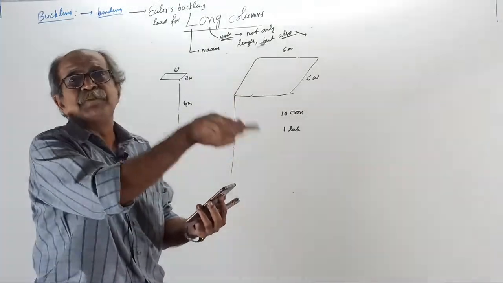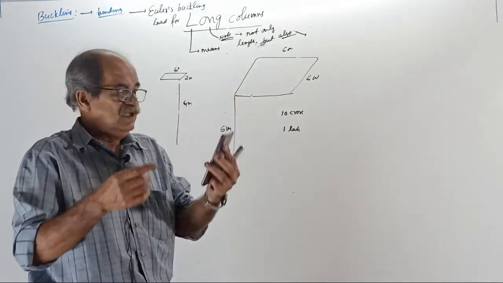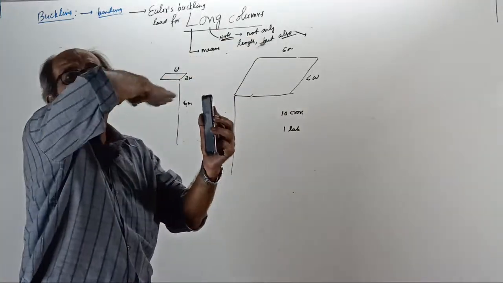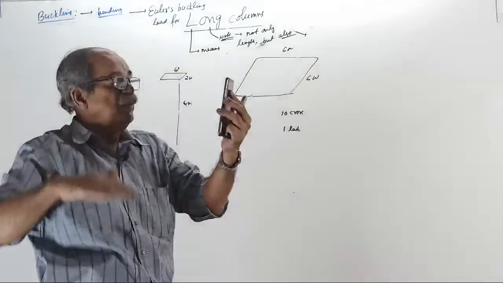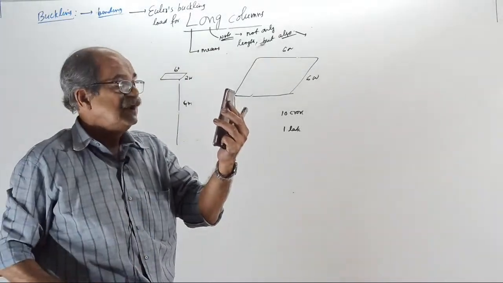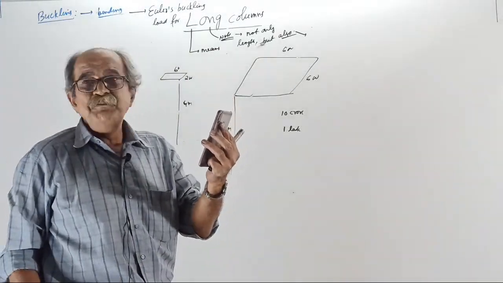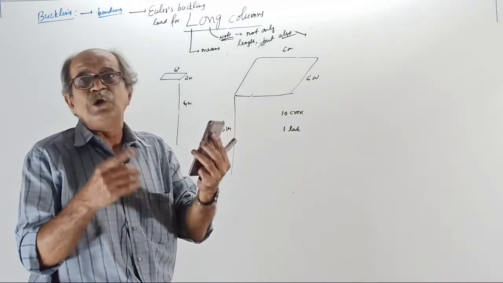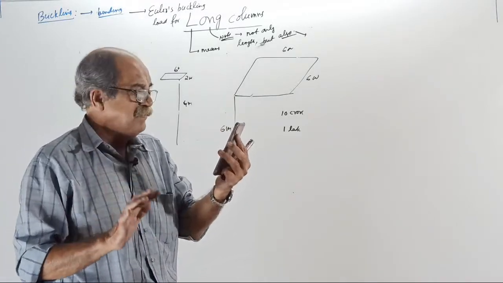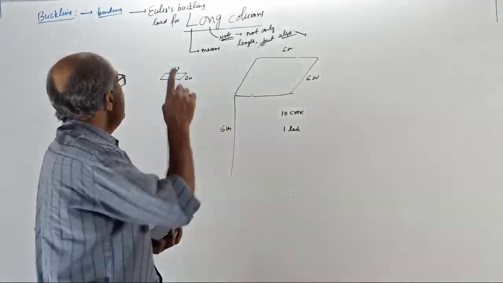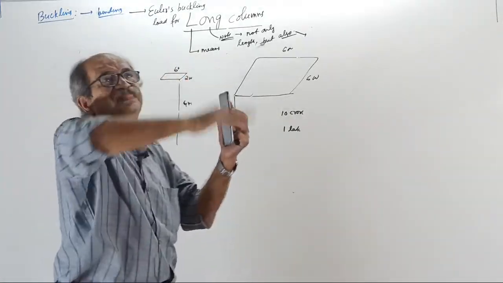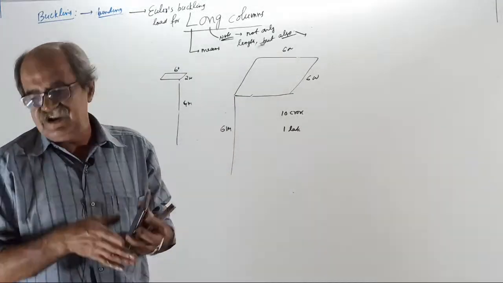Suppose you maintain the same end condition and the same material. So what else? Simple language. End conditions and all that are advanced; we will go to it, no problem, I will consider each and everything. But the main ones: one is length, the other is cross section.